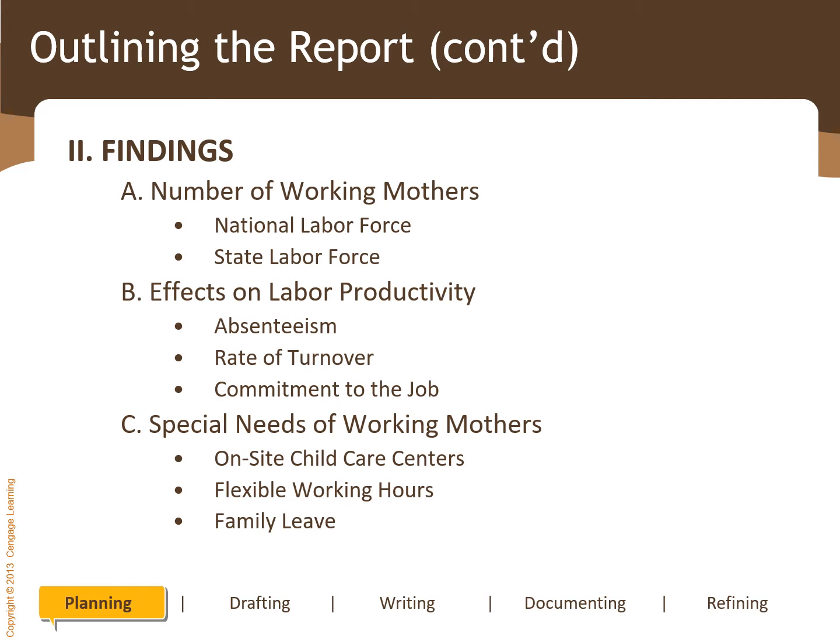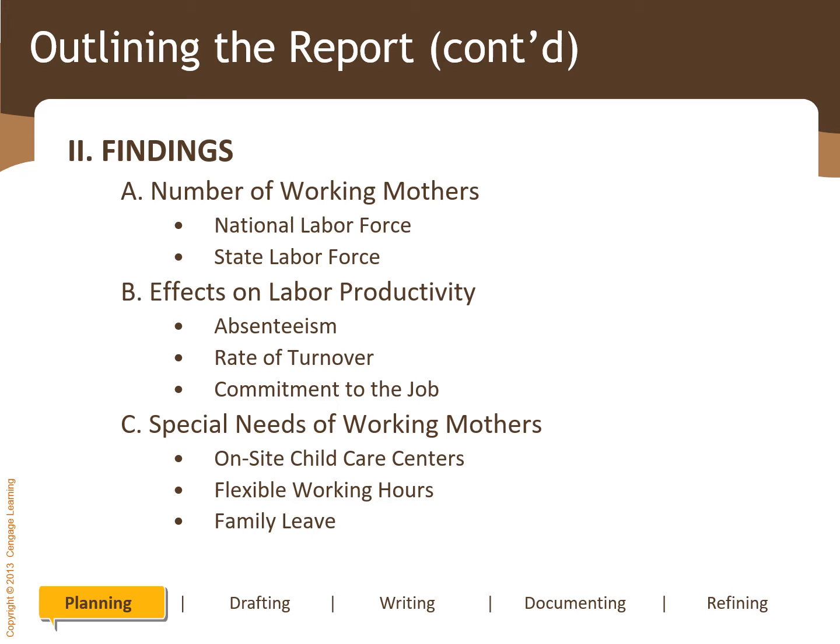Of course, the second part of the report, right after the introduction, is now our findings. So we mentioned that the findings are what? Are basically the information that we found, or the information that we collected. So for our report, Working Mothers in Management, we have 3 findings basically.